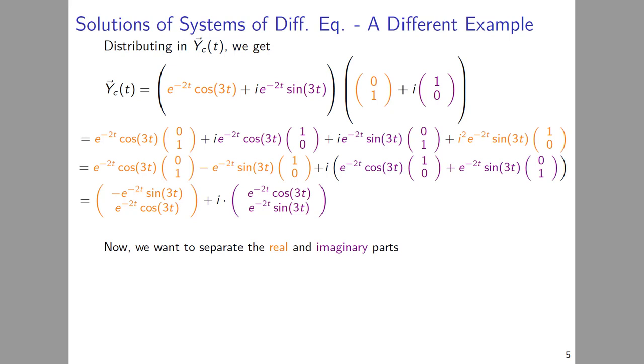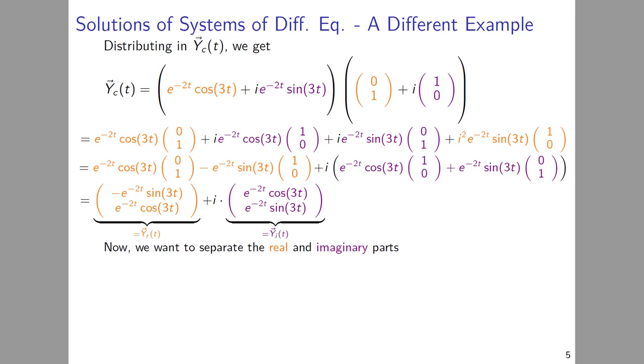Similarly, we can rewrite the imaginary part as e to the negative 2t cosine 3t, e to the negative 2t sine 3t. So now we've found the real and imaginary parts of y sub c of t.